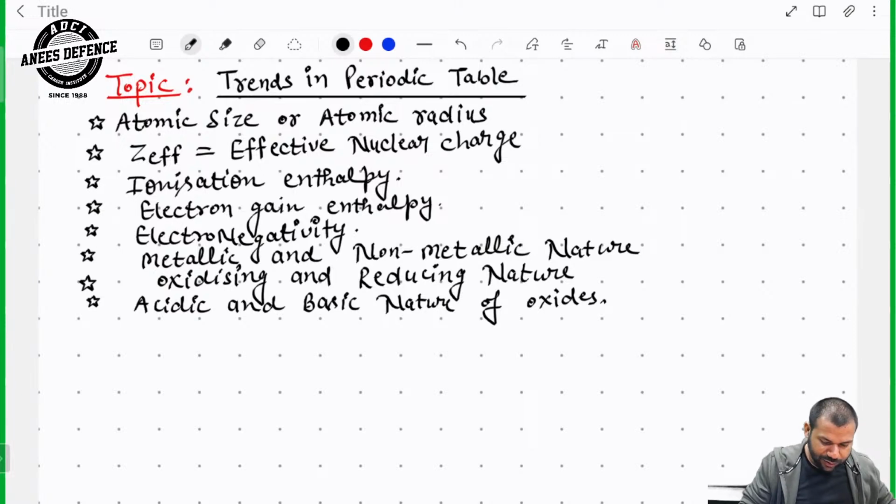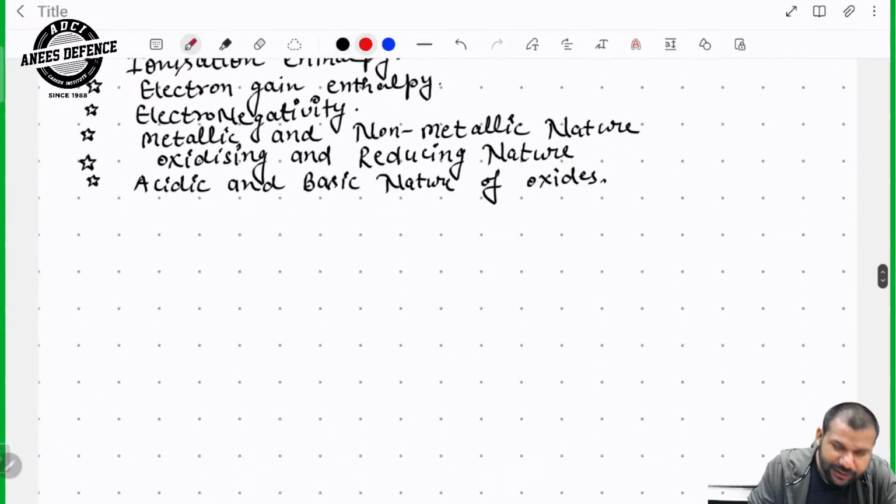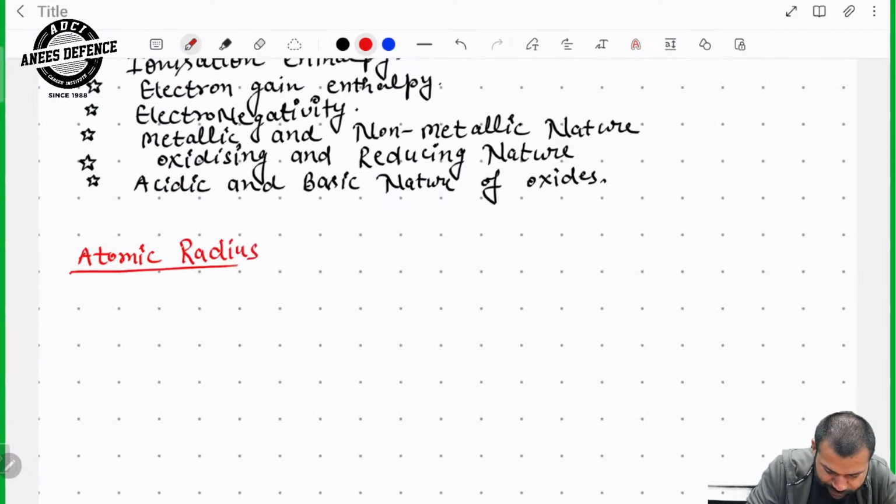So now we can start from atomic radius. Atomic radius or atomic size also refers to the same concept.